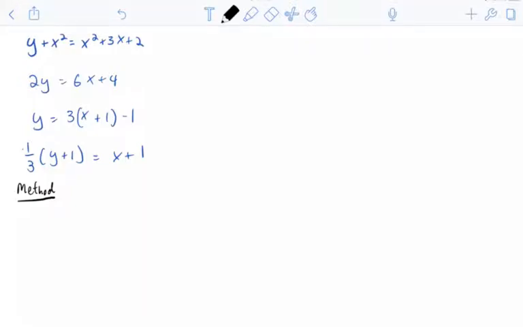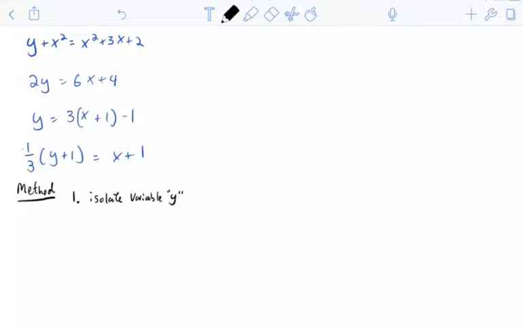So the method's like this. Step 1, isolate variable y. By isolate variable y, we mean rearrange the equation using algebraic laws so that y is all alone on one side.